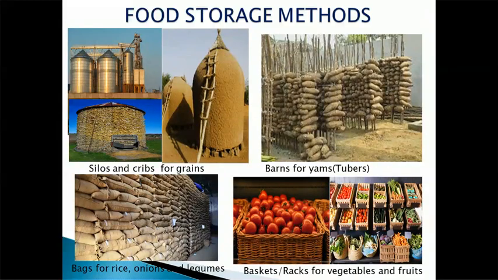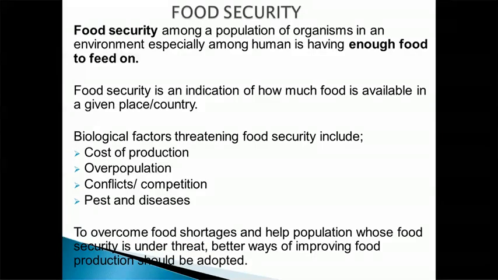And lastly, we have baskets and racks that can be used for storage of vegetables such as tomatoes, cabbage, lettuce, carrots, and so on. So, preservation and storage methods are processes that will help us to keep our food for a longer time.